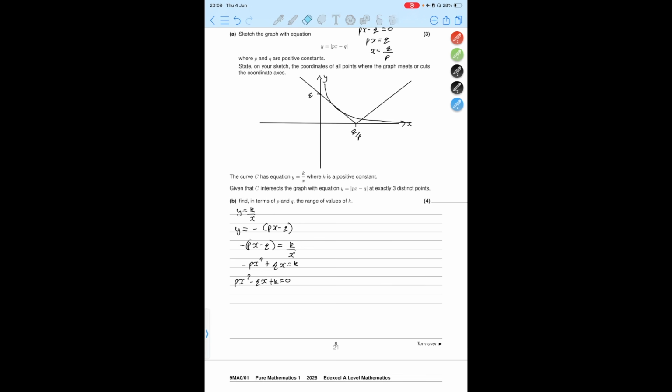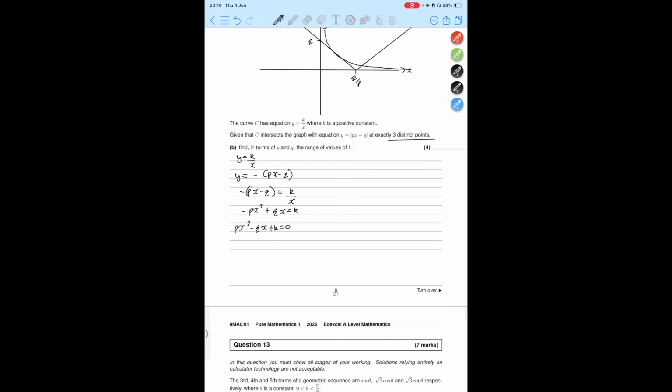If there's exactly 3 distinct intersection points, that means that we're supposed to have 2 intersections in this negative part. So what does that mean for our discriminant? Well, our discriminant should therefore be positive.